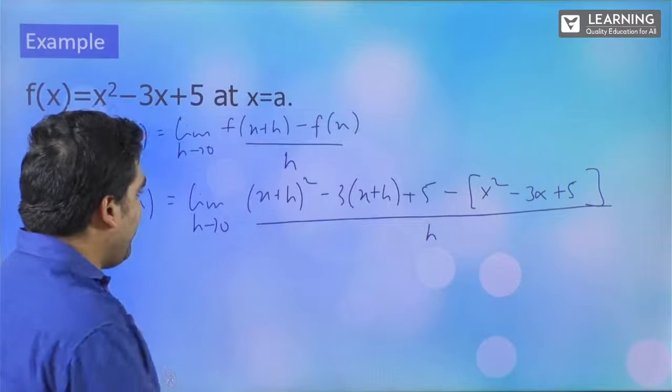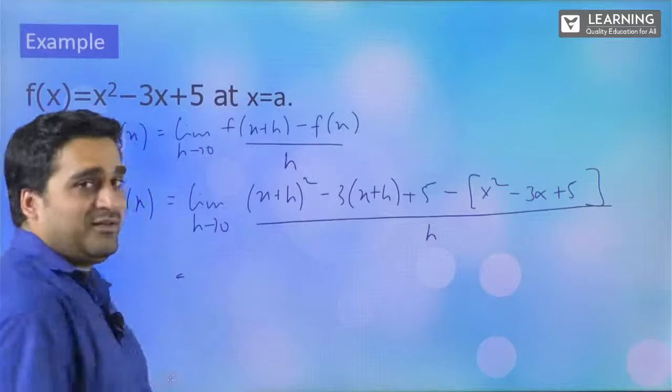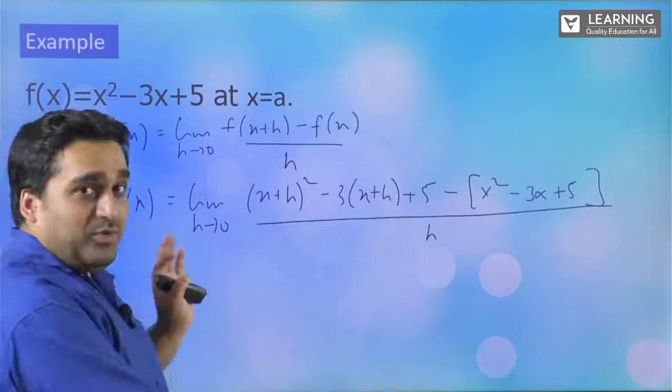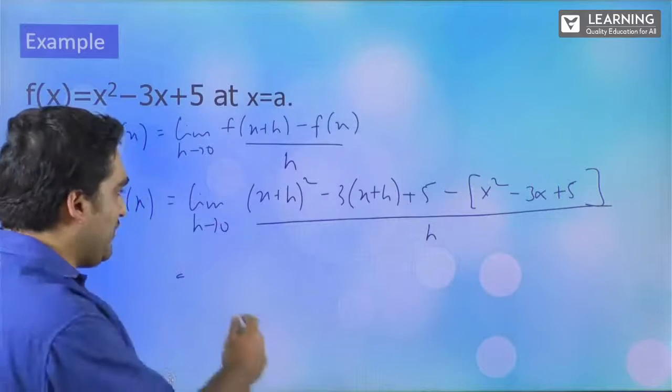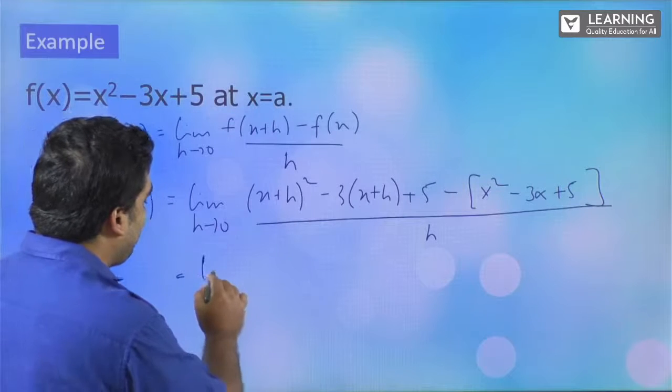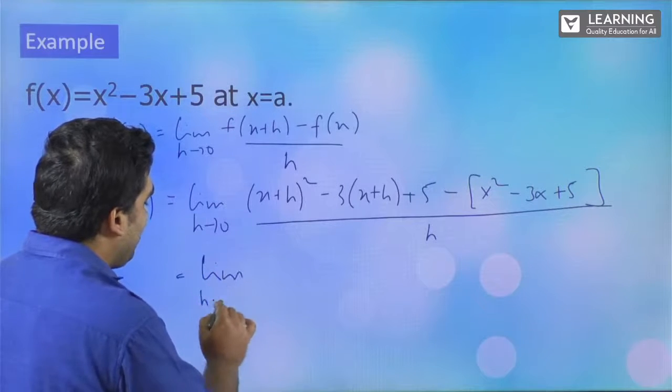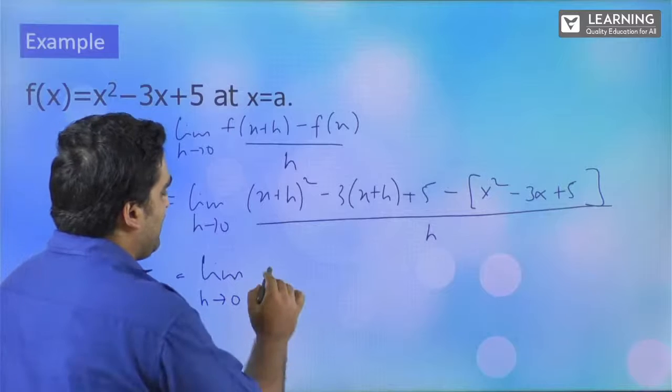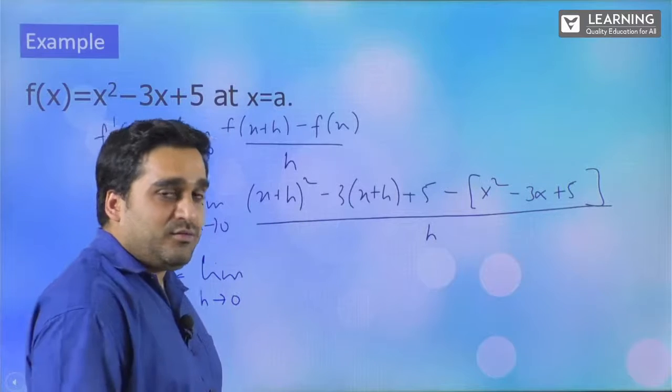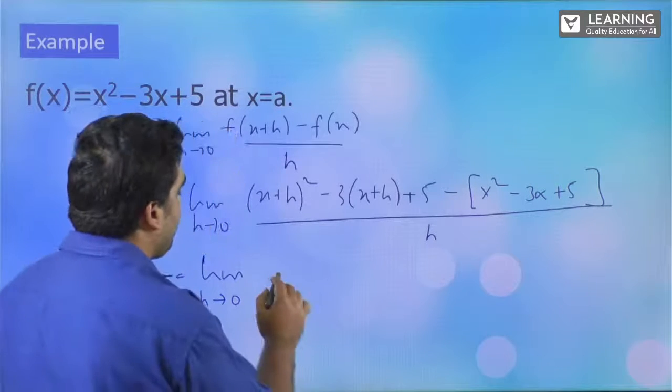Okay. Now simplify. Big equation, I know. So now we'll simplify this. Limit as h tends to 0. Then use the identity a plus b the whole square.